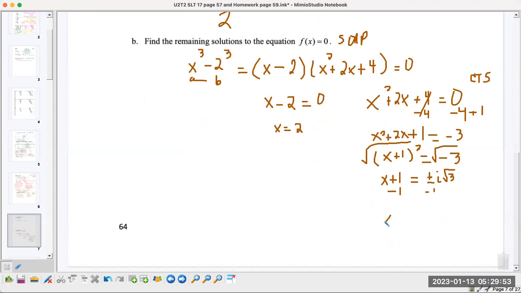And we get x equals -1 plus or minus i root 3. So those are two solutions. Oopsies. Try that again.